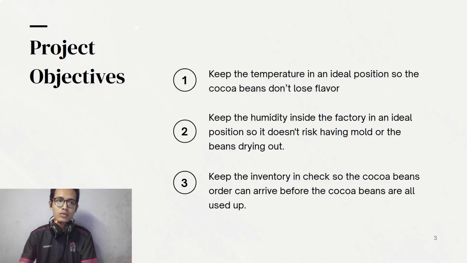First of all, we're going to talk about our project objective. Our first objective is to keep the temperature in an ideal position so the cocoa beans don't lose their flavor.